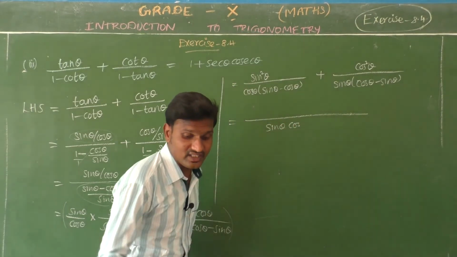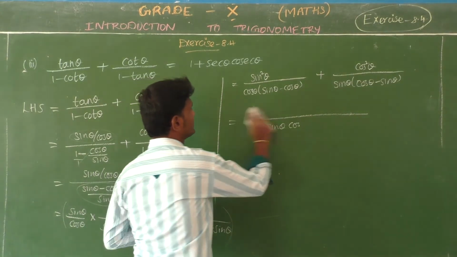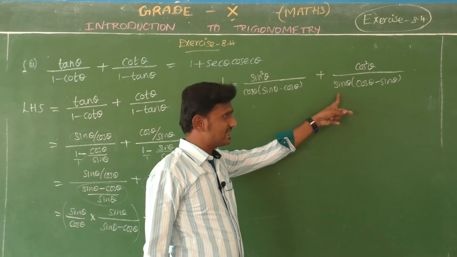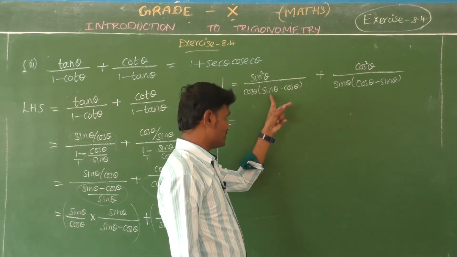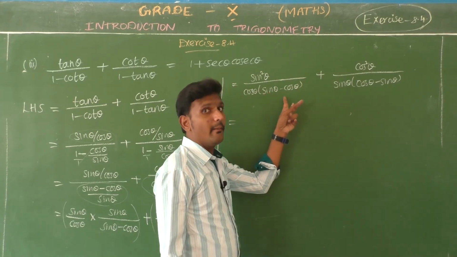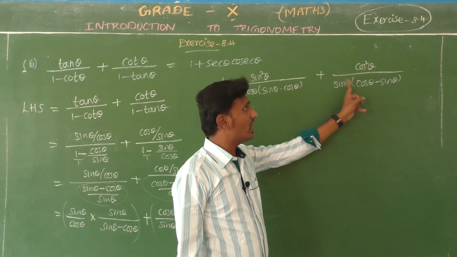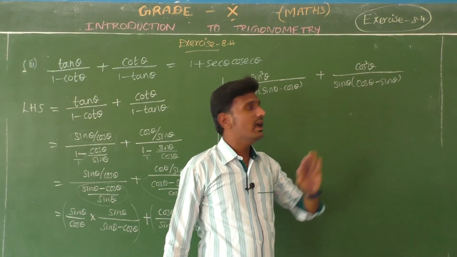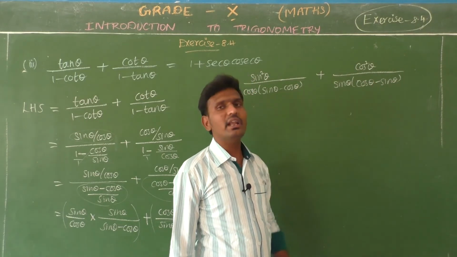And before that, one step I want to give you. See, in the first fraction you have sin minus cos, but in the second fraction you have cos minus sin. So to take the LCM, I am taking minus in common outside.